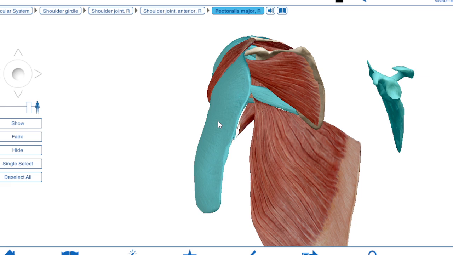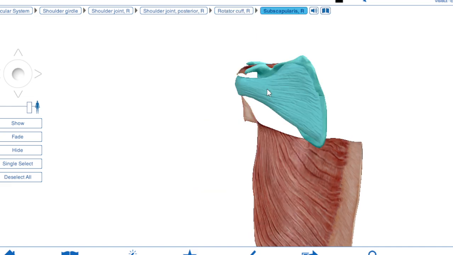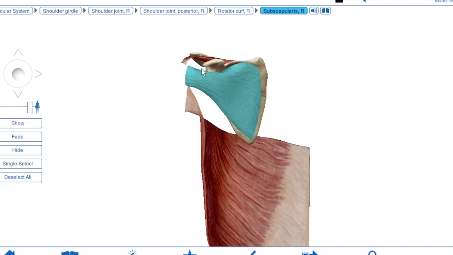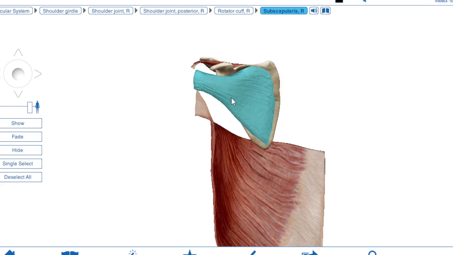You see, this is the scapula bone, and this muscle is attached to the scapula bone. That is the subscapularis muscle. This is the anterior side, and the scapula is attached to the thoracic cage. You have ribs and other things present, but between these there is the subscapularis muscle. All these rotator cuff muscles cover the scapula.